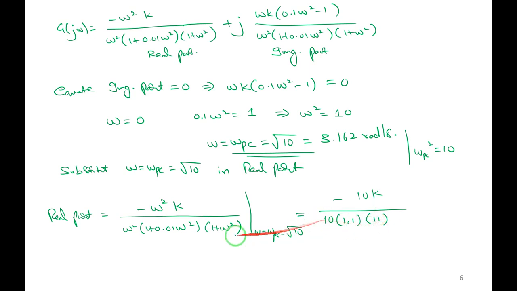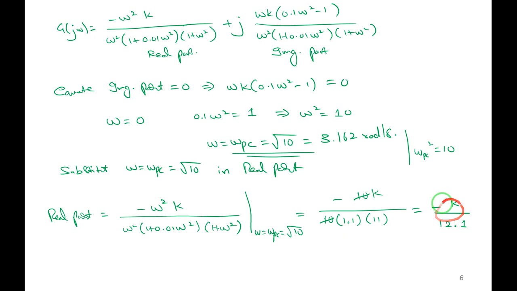So 10 will get cancelled, and finally I will be getting minus k divided by 1.1 into 11, so 12.1. I hope I have not made any mistake. This is the coordinate of point Q.